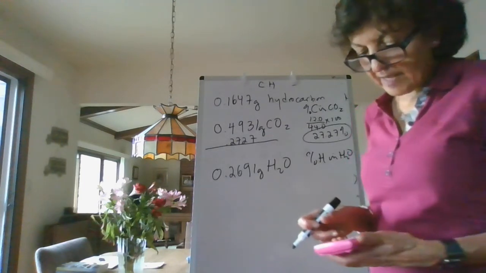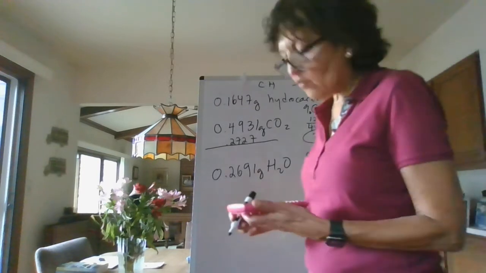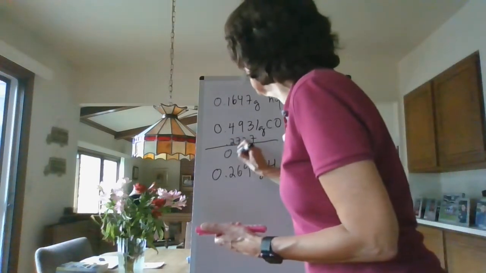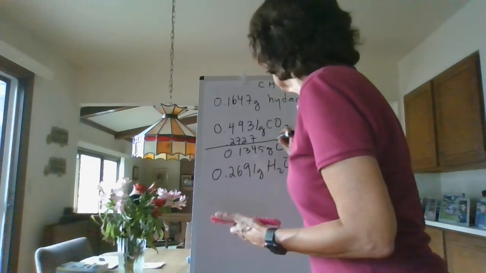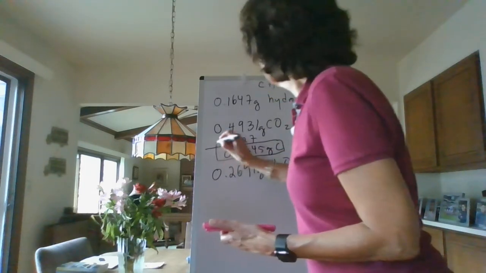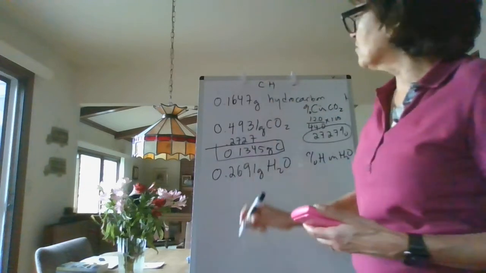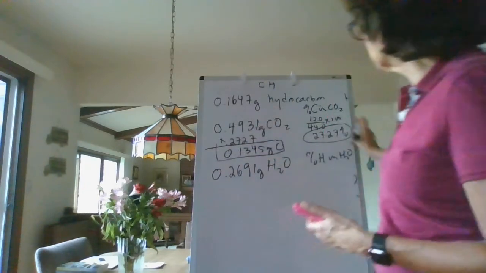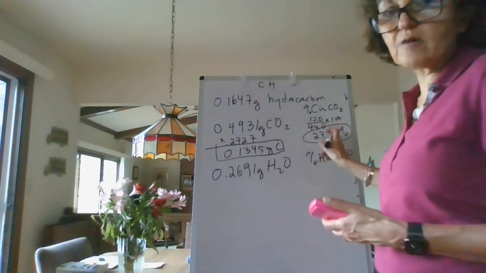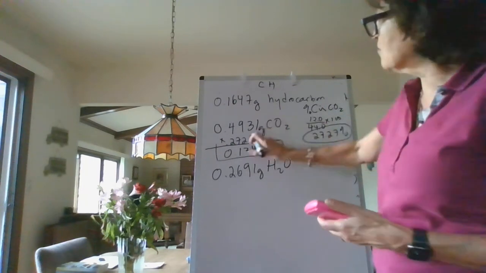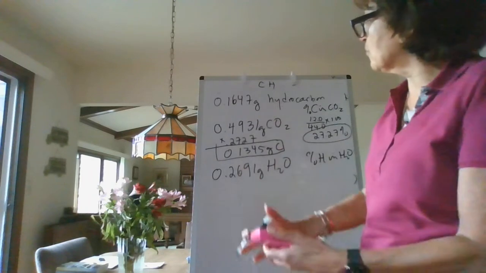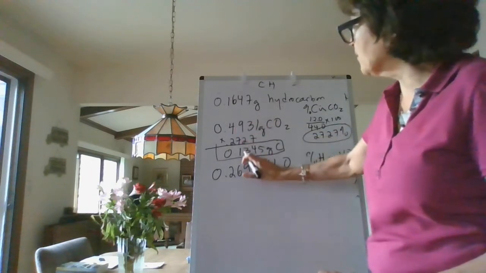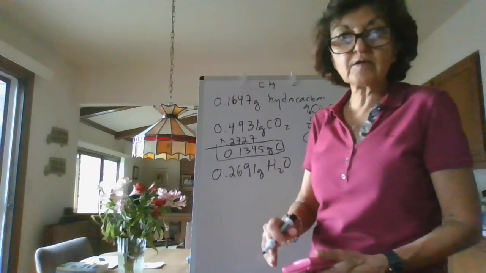I found that I have 0.1345, so 0.1345 grams of carbon in this hydrocarbon. All I did was I took the percent carbon in carbon dioxide, used it to multiply by the grams of CO2 that we ended up collecting, and from that I figured out the grams of carbon.